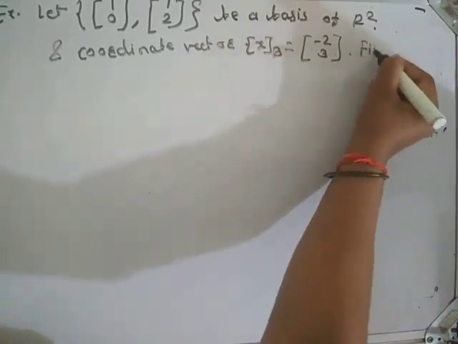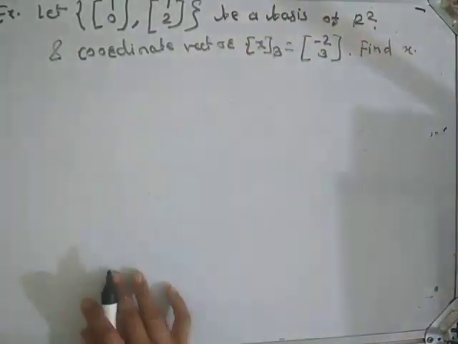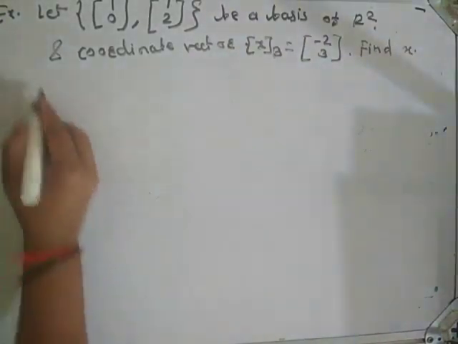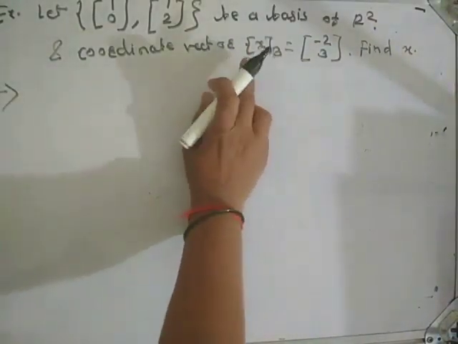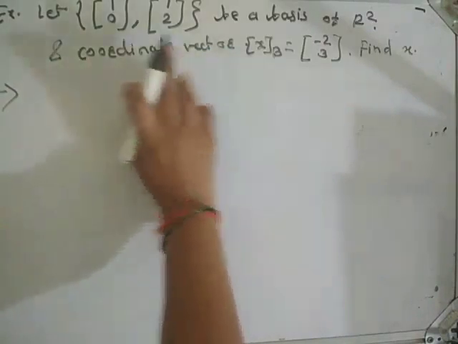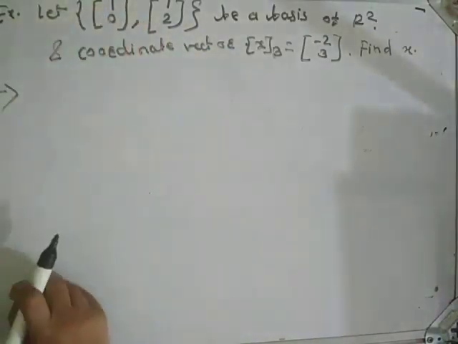Okay. Find X. Here we have been given the coordinate vector of X relative to the basis, and also the basis. Then we have to find X.